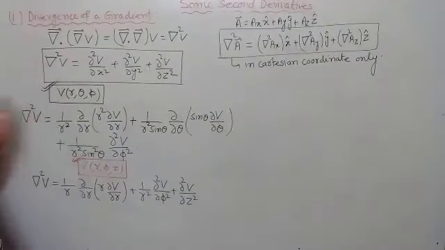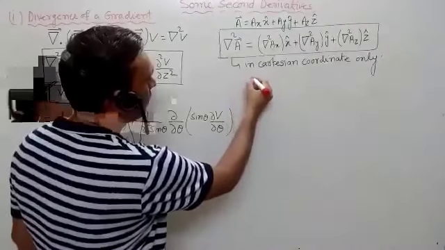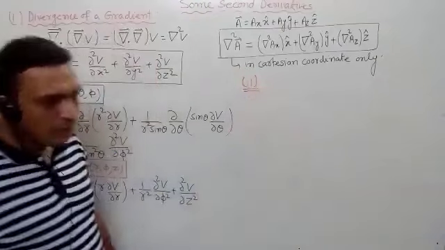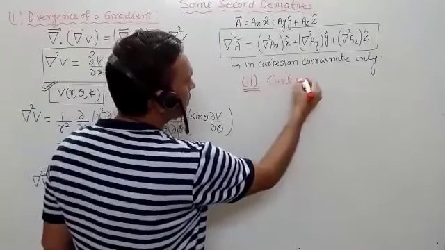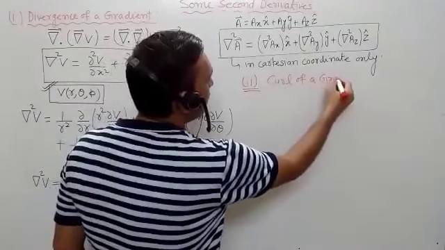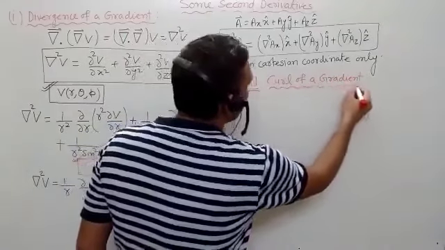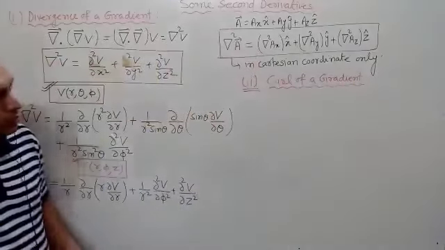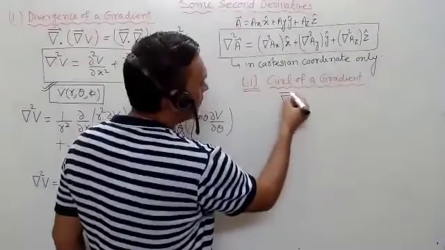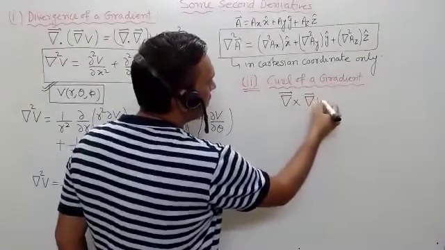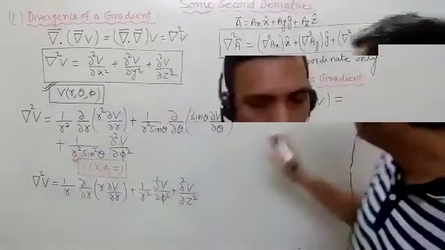So you have to remember this relation. Now second is, what will be the curl of a gradient? You can also find the curl of a gradient. So that is, what will be del cross gradient V? 0.